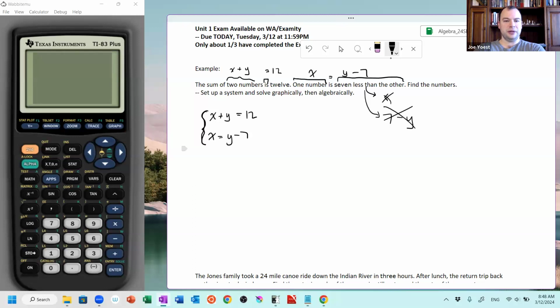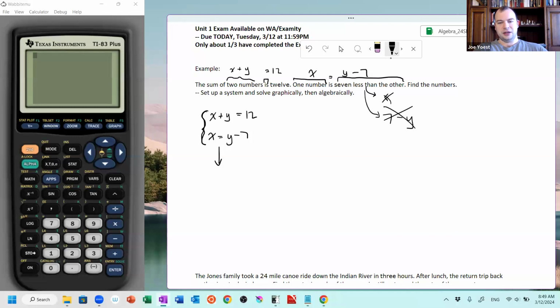So this is my two equations and two variables. Now let's try to solve this graphically. If I want to solve graphically, we could solve for X in terms of Y, or we could solve for Y in terms of X. It doesn't much matter. In this case, I have X equals Y minus 7.